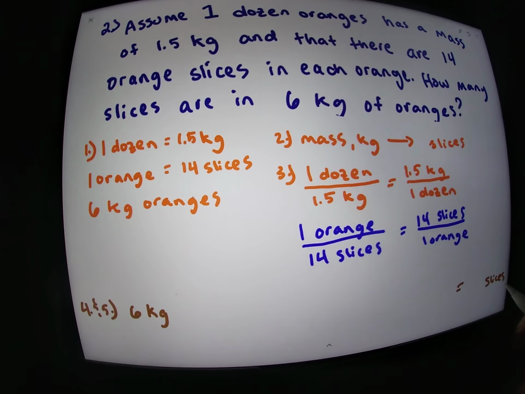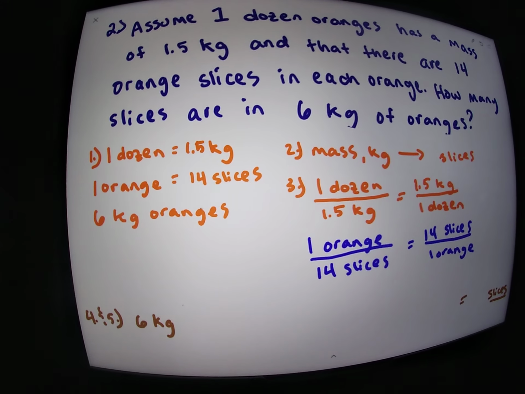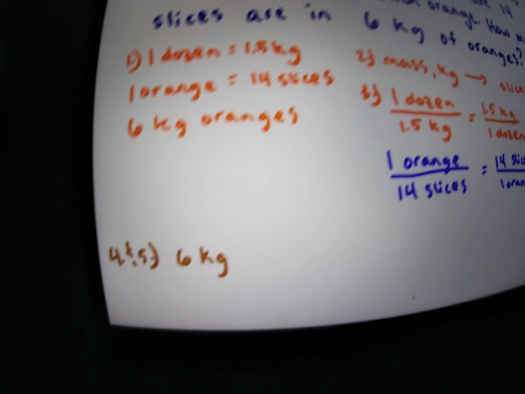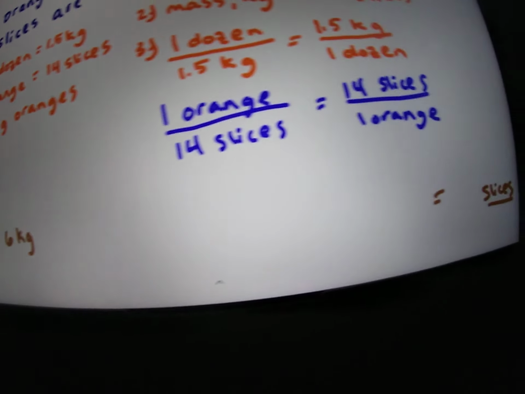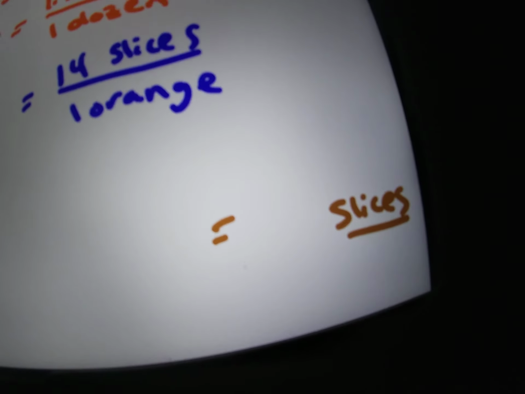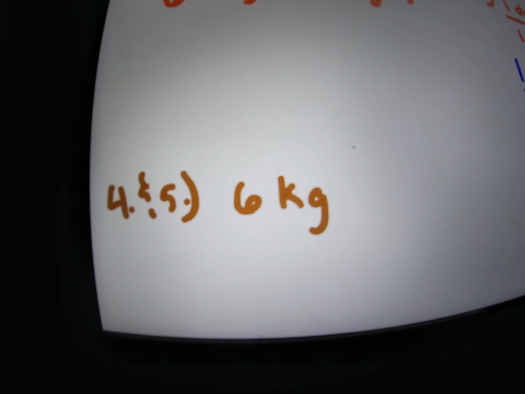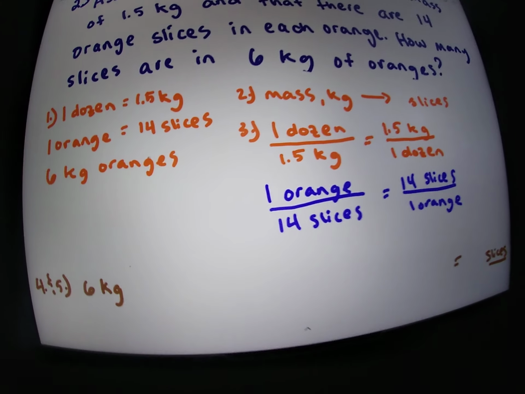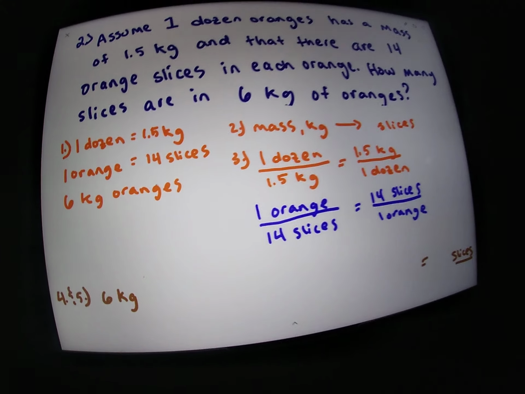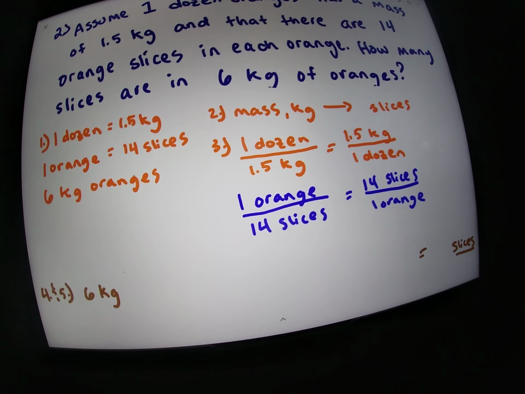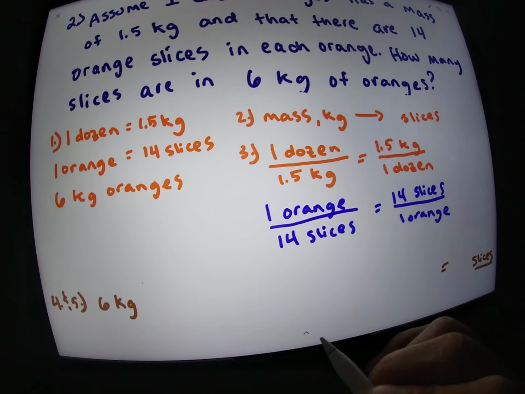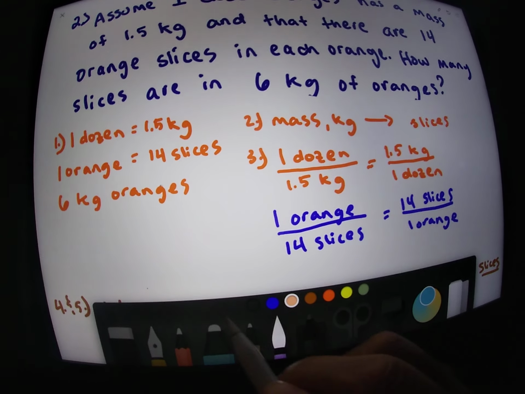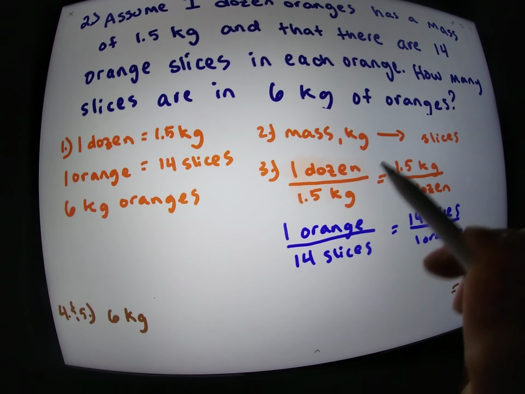So we're going from kilograms to slices. The first thing we want to do is convert our kilograms to dozens. So we're going to use one of these conversion factors.